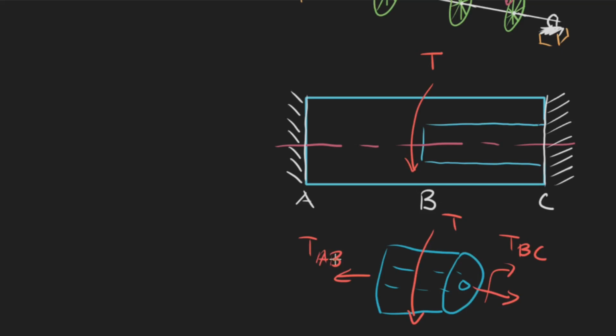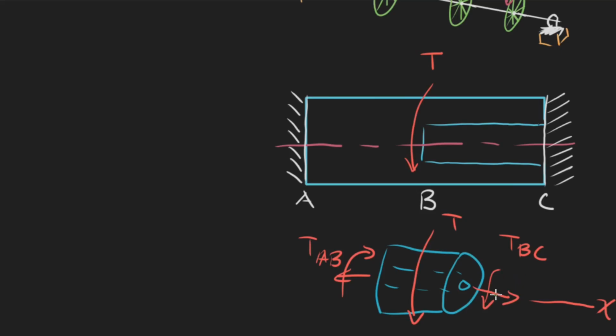This would be a torque, remember, so it's going to look like a turning direction. Anyway, if I add all the torques along, let's just call this my x-axis, I would say that T minus TAB plus TBC, this is actually in the wrong direction because I messed up my right hand rule. If I add all of these along the x-axis, then I know that they have to be equal.